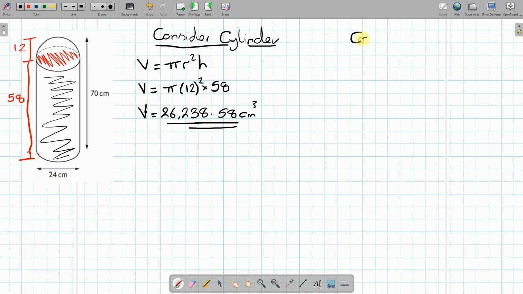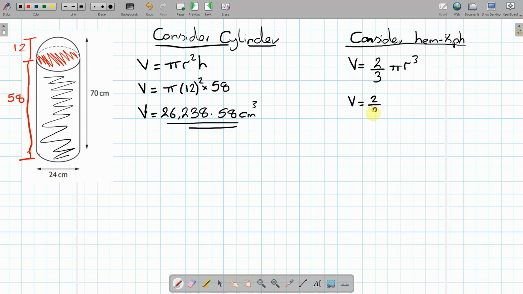So we consider the hemisphere now. The volume of a hemisphere, you can either do the volume of a sphere and then times it by a half, or the volume of a hemisphere is given by 2 over 3 pi r cubed.